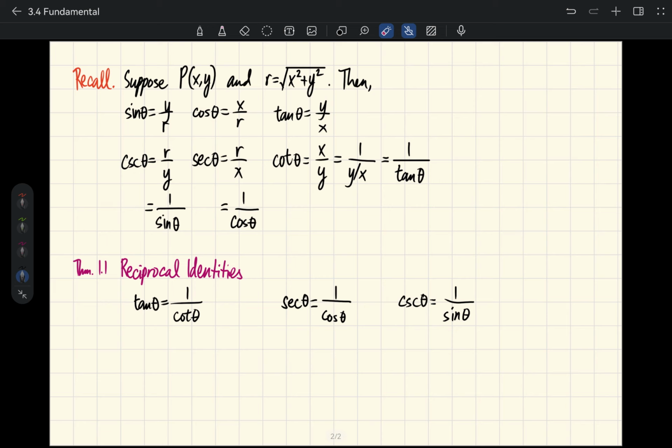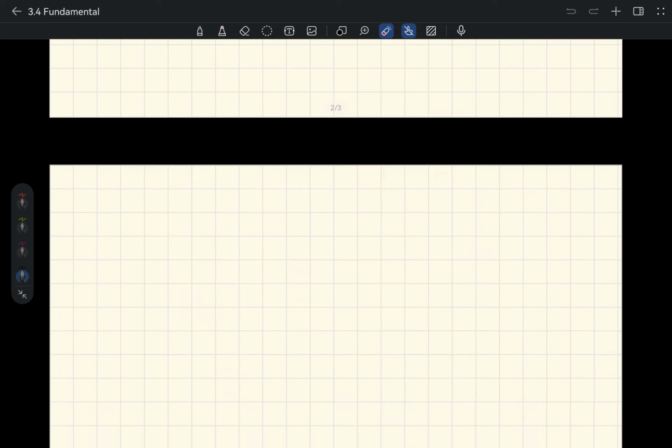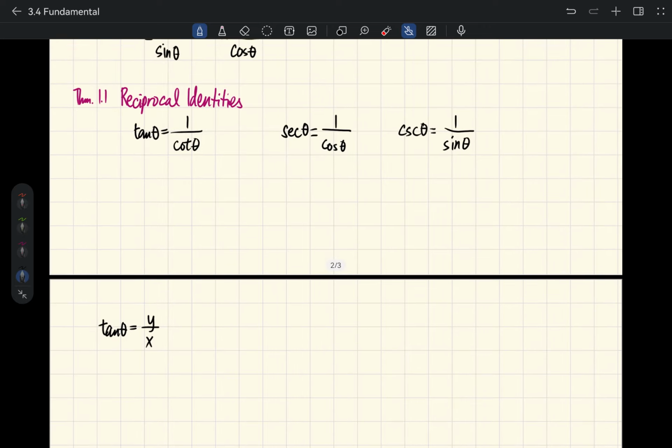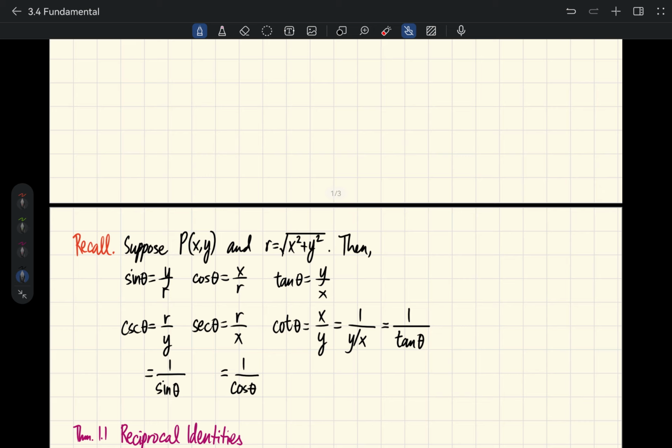Another conclusion that we can draw is something related to tangent theta and cotangent theta. So, observe that by definition, tangent theta is equal to y over x. However, take note that our r is a positive number since, I forgot to say it here, we are considering points that are not the origin.